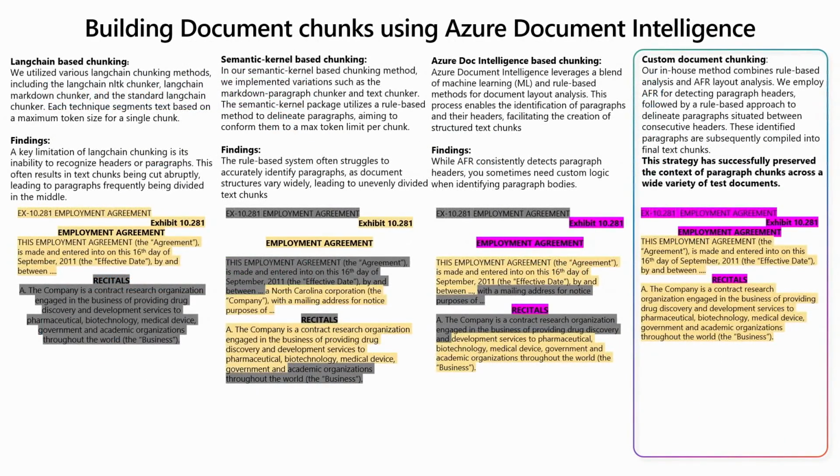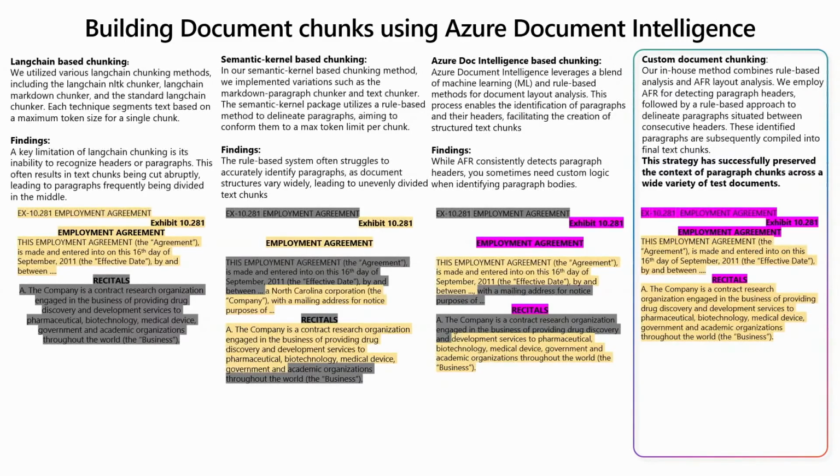I won't go through all the details here because this is a lot of text to read through, but essentially, the less color coding, the better. We ran a few different evaluations with LangChain, Semantic Kernel, and a number of other open source libraries to help us with our chunking strategy. What you'll see on the right is a very clean delineation of the page header, the paragraph header, and then the actual chunks of the text related to the paragraphs.